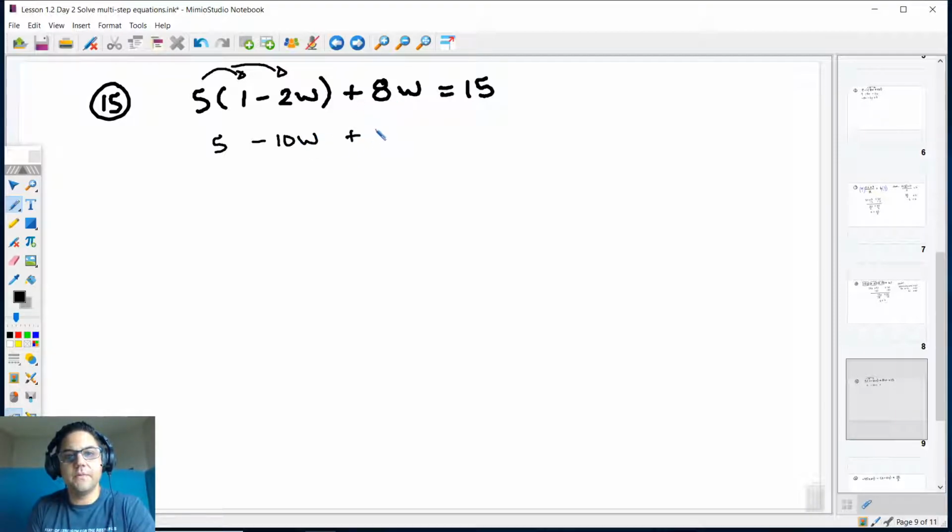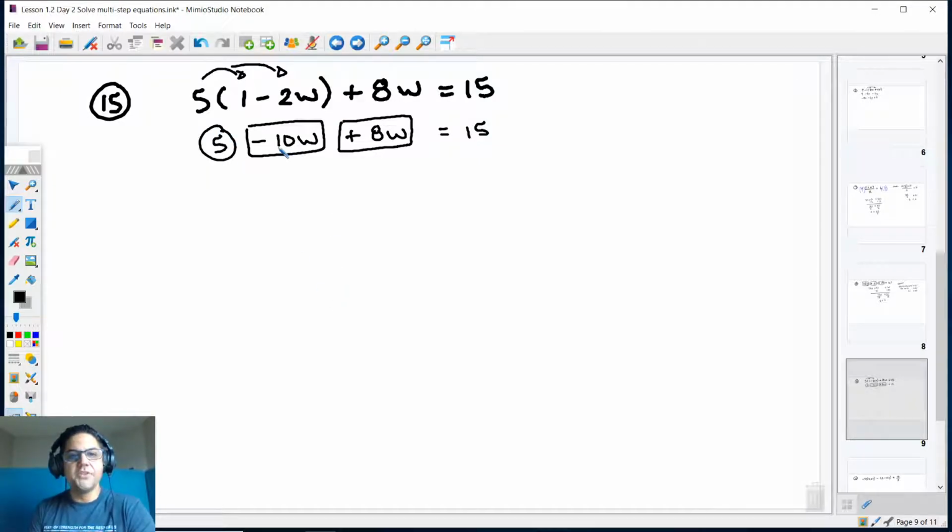Plus 8w equals 15. Combining like terms, negative 10w, I like saying w, plus 8w, and the 5 stays the same. So negative 10 plus 8 is going to give me a negative 2w. Positive 5 stays the same, equals 15.